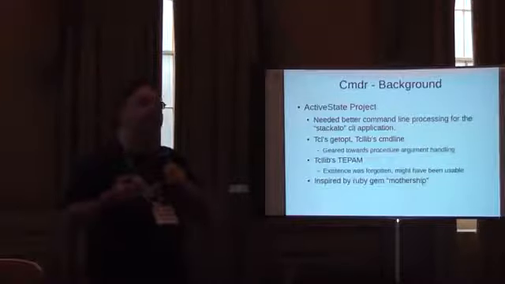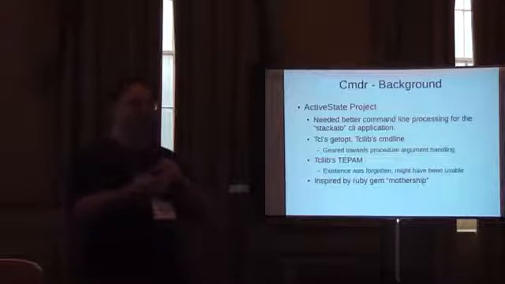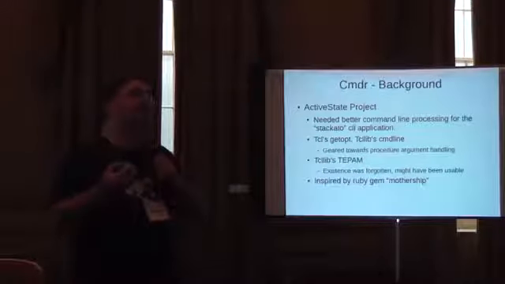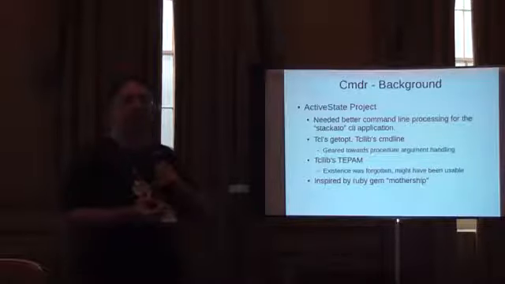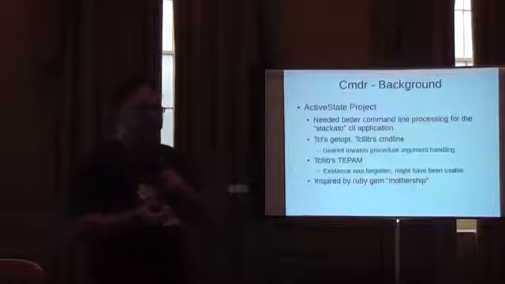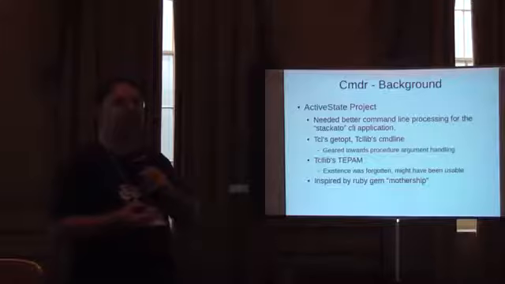I actually forgot about it when I started working, and later, while writing this paper, I found it and realized that it might also have been a good starting point, but well, it's not. The architecture is currently modeled on something called Mothership, which is a Ruby package.